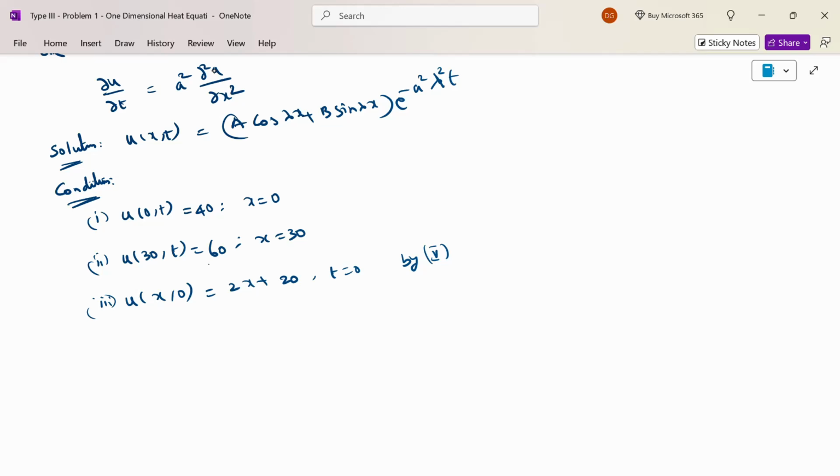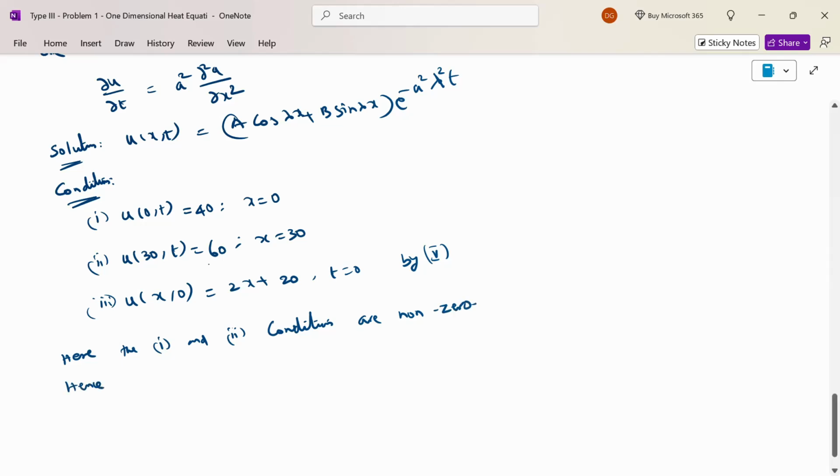Then what should we try here? We split the equation, because the first and second conditions are non-zero.